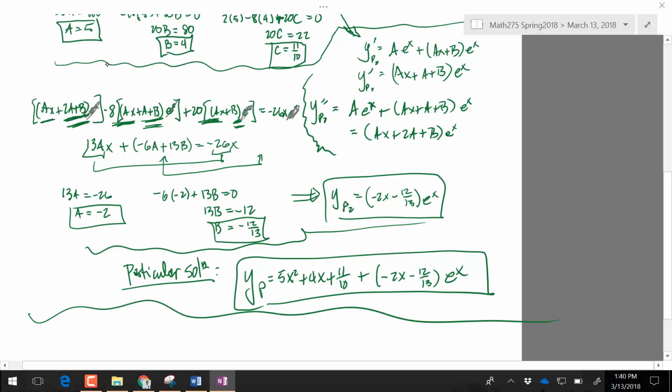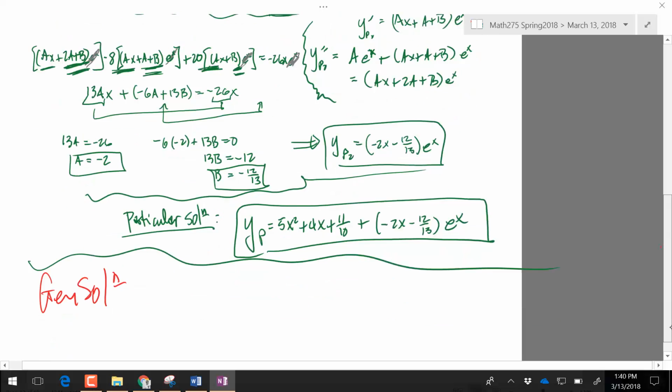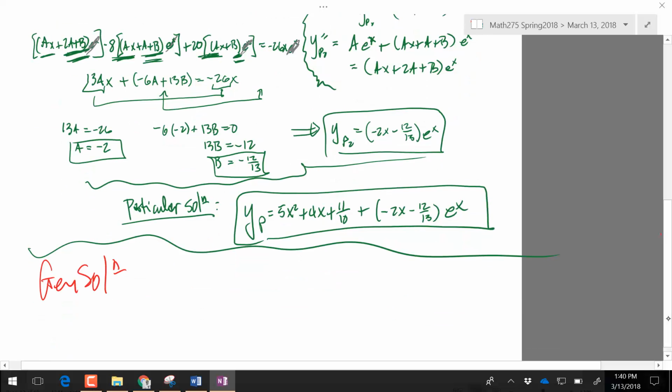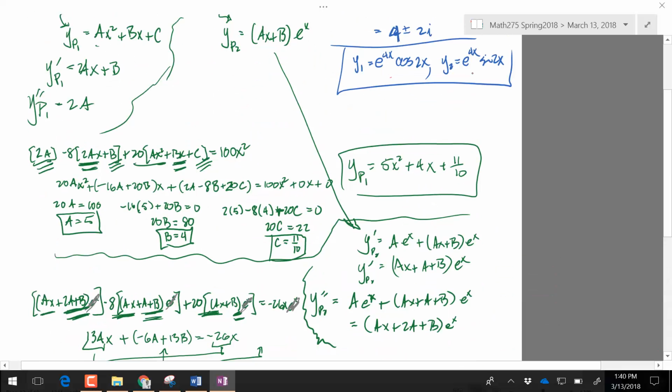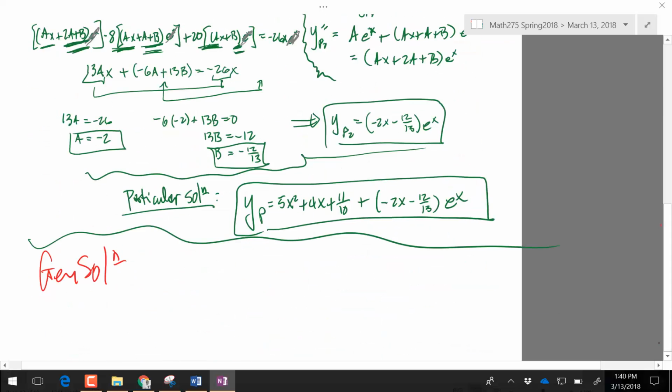And finally, the general solution would be the two fundamental solutions with a C1 and C2, and then add on the particular solution. So we have this stuff for the e to the 4x cosine 2x.